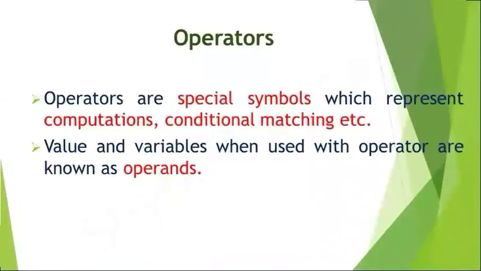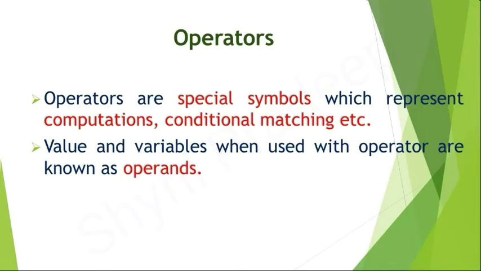Next, let us see about operators. What do you mean by operators? Operators are special symbols. See here, operators are symbols and delimiters are also called symbols. Then what is the difference between them? Delimiters are not used for computations or calculations, but operators are used for performing calculations.